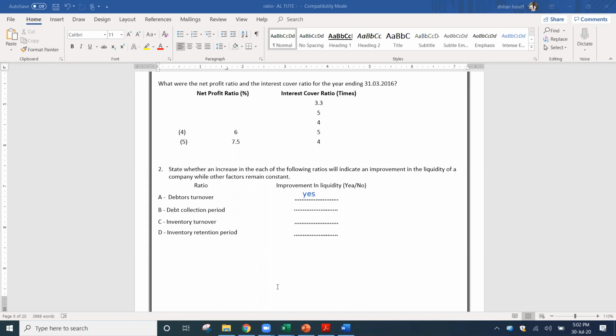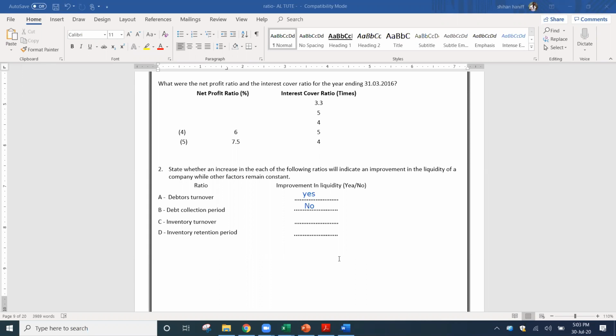If the debt collection period increases, there is no impact on liquidity, because cash will be recorded in current assets anyway.